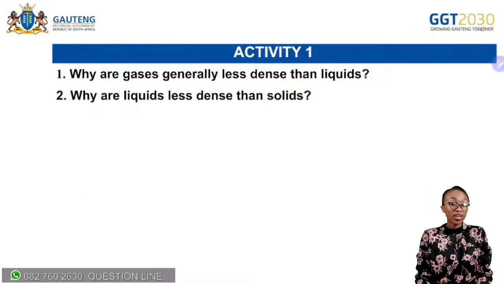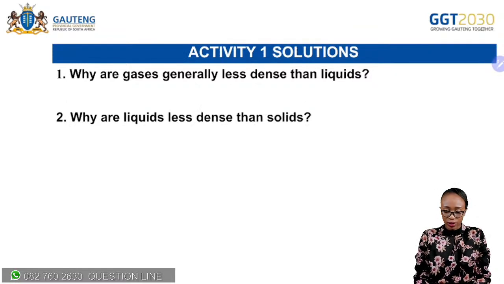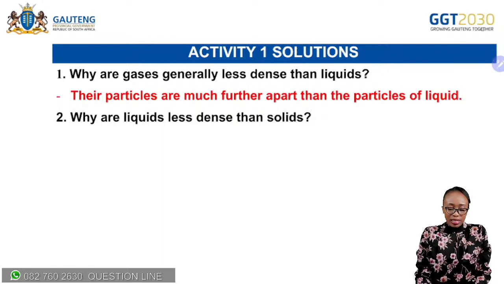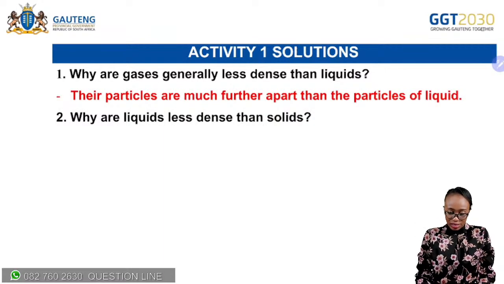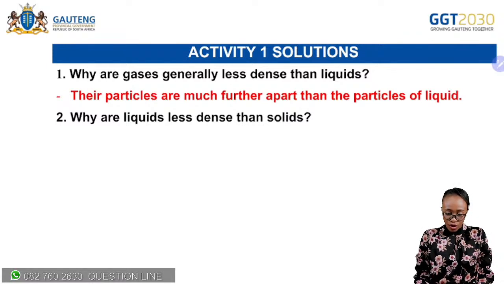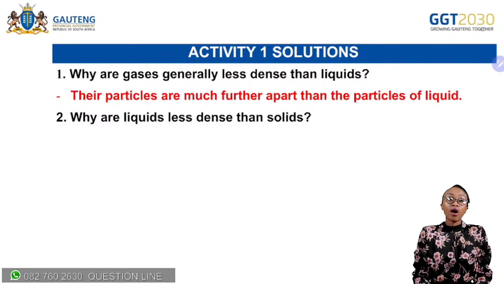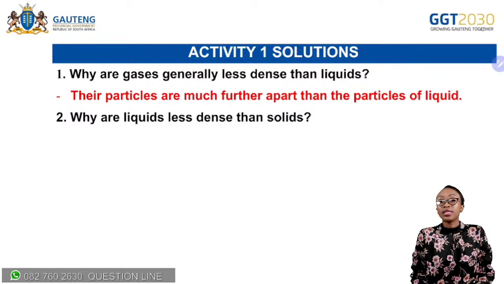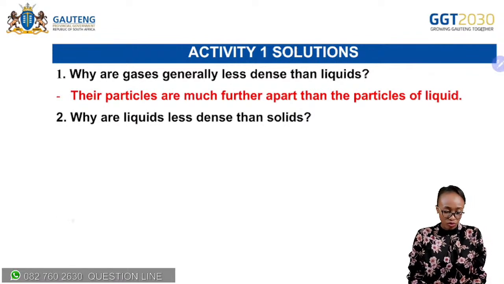So now let's look at our activity 1. Why are gases generally less dense than liquids? And why are liquids less dense than solids? Gases are generally less dense than liquids because their particles are much further apart than the particles of a liquid. If you remember how the particles in a gas are structured, and how the particles in a liquid are structured, the particles in a gas have much more space.